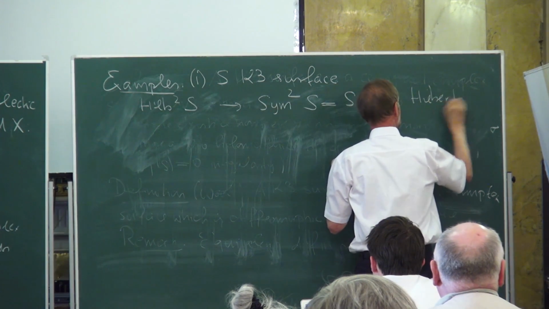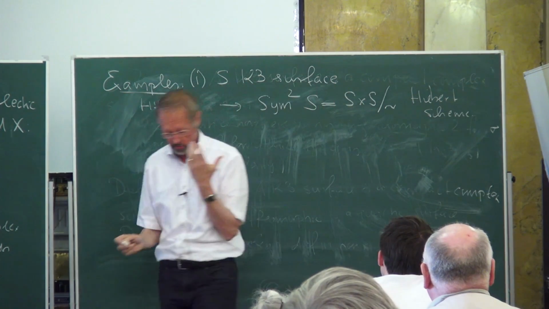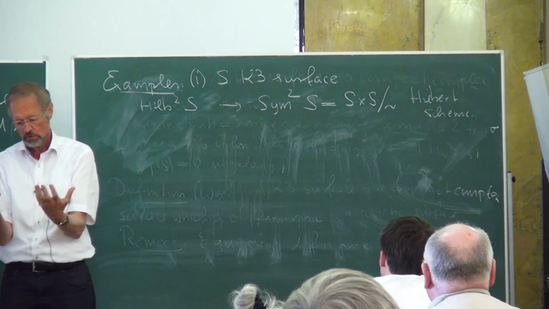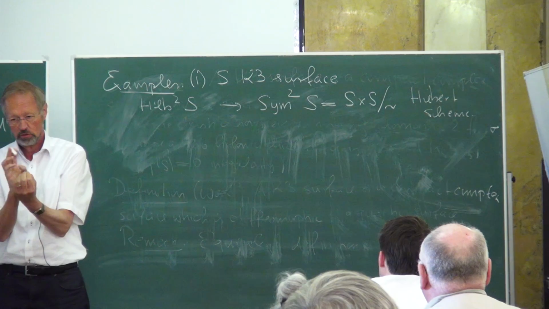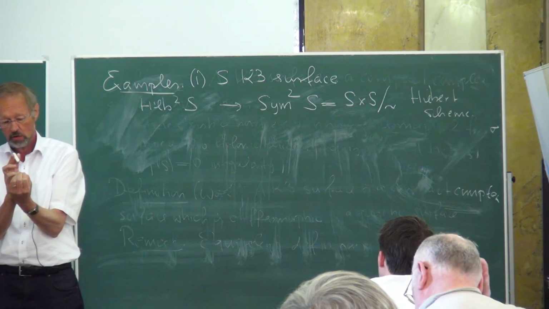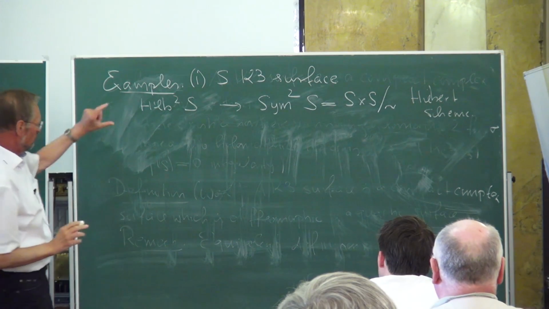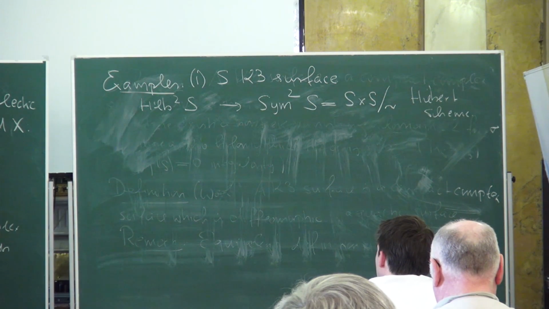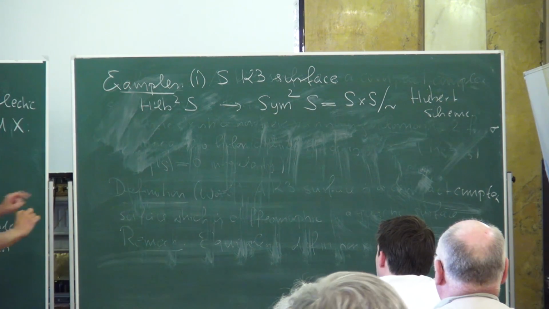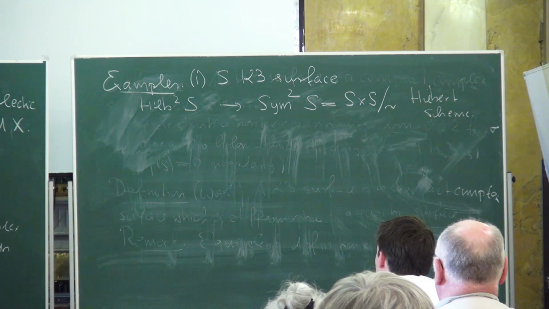Hilbert scheme of degree n means I look at n-tuples of points. But when points come together, I don't just take the set of points, I also look at the structure of that subscheme. So for two points coming together, I also remember a tangent direction. Now that is something smooth, and it is an example of an IHSM.